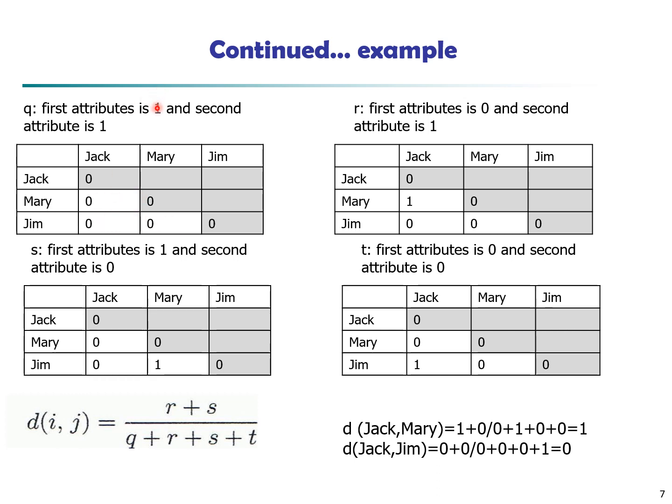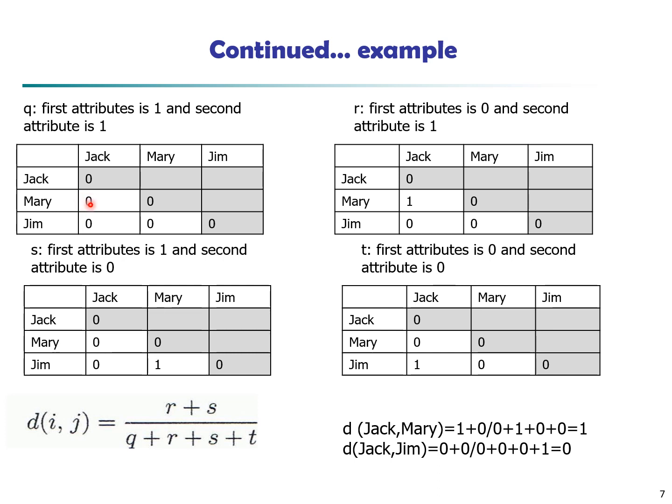Now we will be looking at the cases where the first attribute is 1 and the second attribute is 1. In this case, Jack is the first attribute and Mary is the second attribute. Remember that Jack is 0 and Mary is 1. So is Jack 1 and Mary 1? Then how many times?